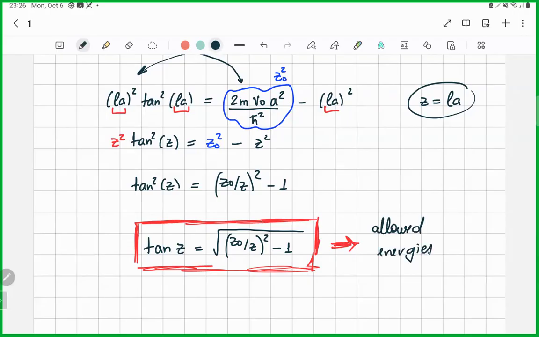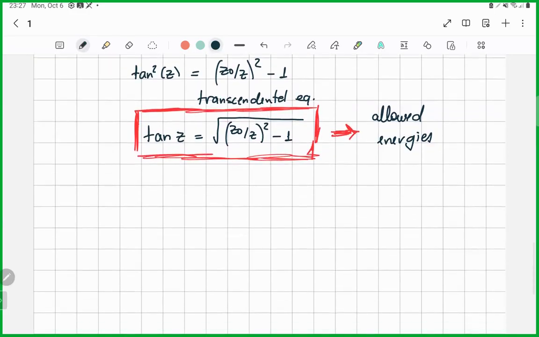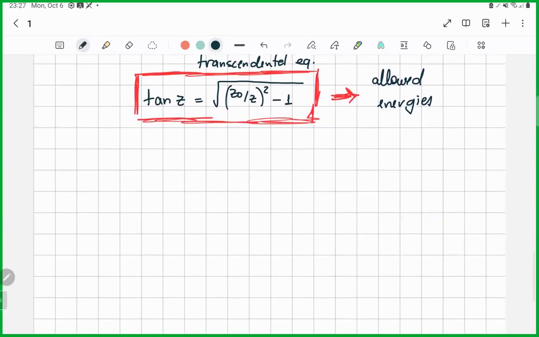It is true, it is a transcendental equation. We can solve it numerically, it's true, but there are some special cases that we can still solve approximately. Well, what does it mean to solve an equation like that? That means we are going to find where the left side crosses the right side.